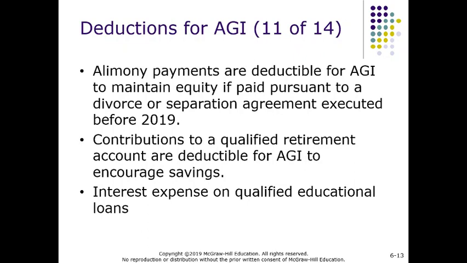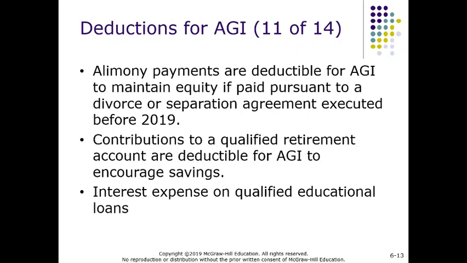For a taxpayer other than married filing jointly, it's $65,000. So up to $65,000 for a non-married filing joint taxpayer, you can deduct up to $2,500 interest expense for the year as a for AGI deduction. For married filing jointly taxpayers, it's up to $135,000.